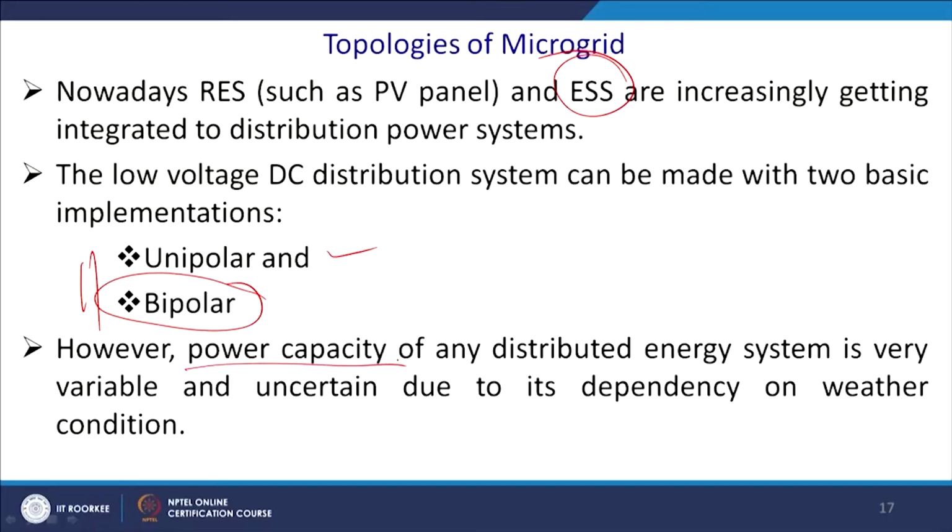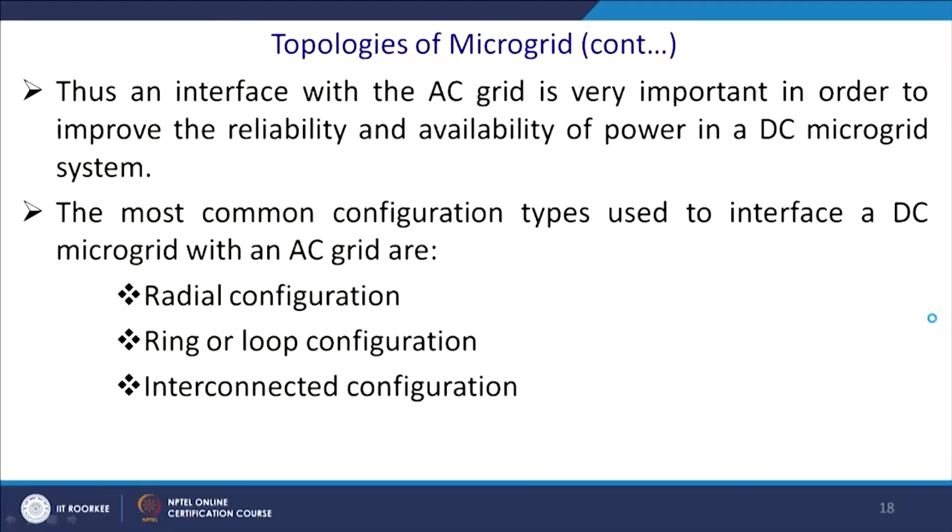However, the capacity of any distributed energy system is extremely variable and uncertain due to the dependency on the weather condition. So, based on that we have to ensure the redundancy, and we have different kinds of configurations.